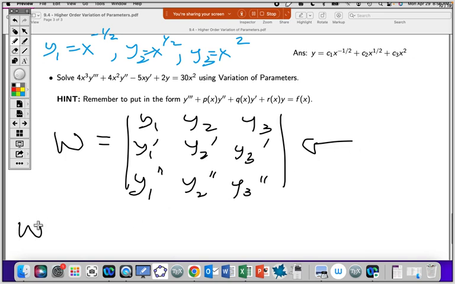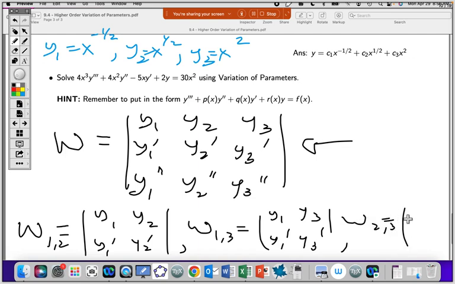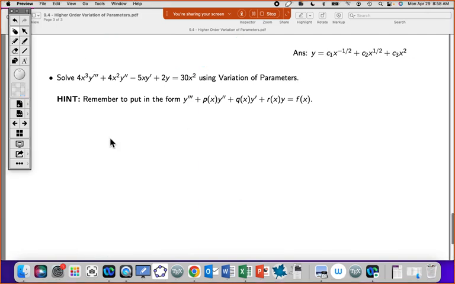And then we go through and look at the little Wronskians, the Wronskian of 1 and 2, the Wronskian of 1 and 3, and the Wronskian of 2 and 3. Okay. Once again, all these are coming from Cramer's rule. And then you would piece those together to get your u1 prime, u2 prime, u3 prime.